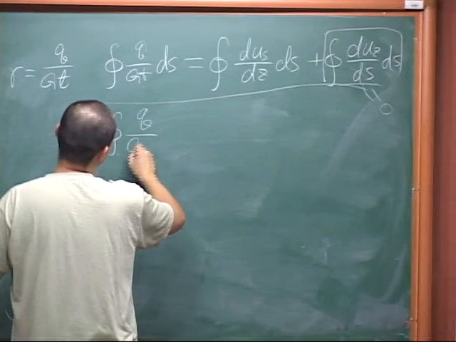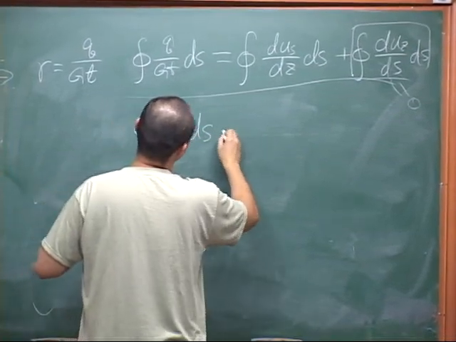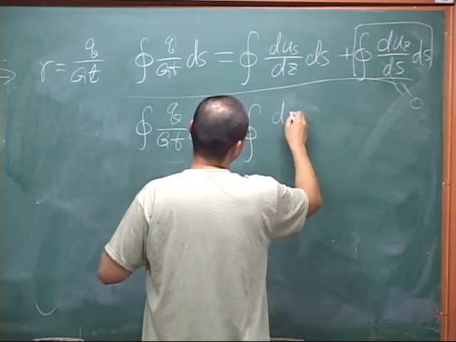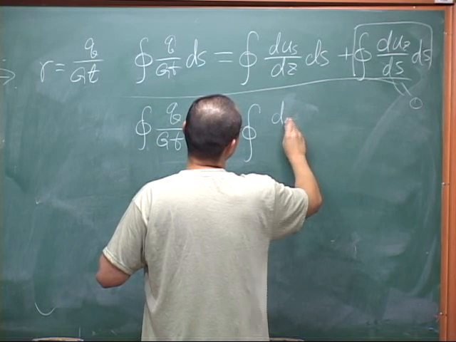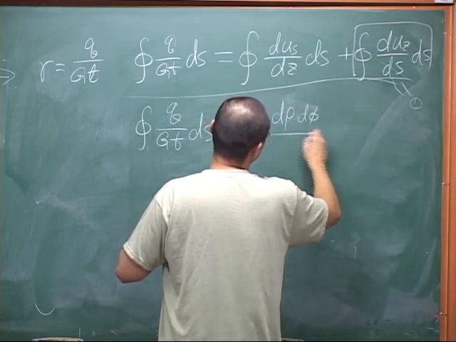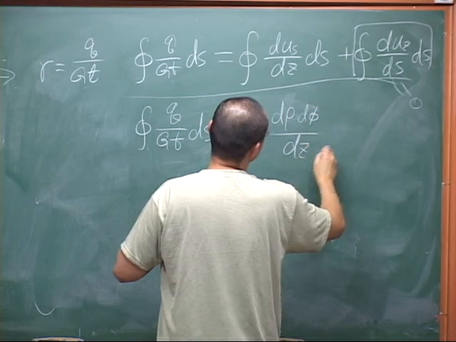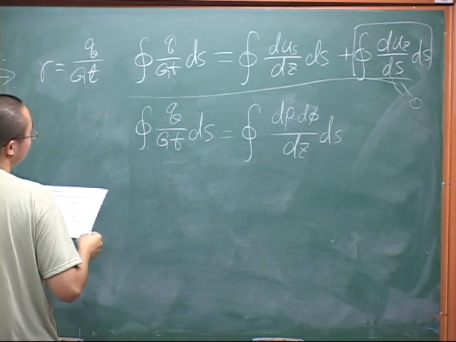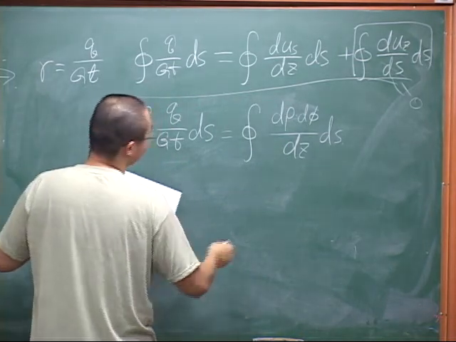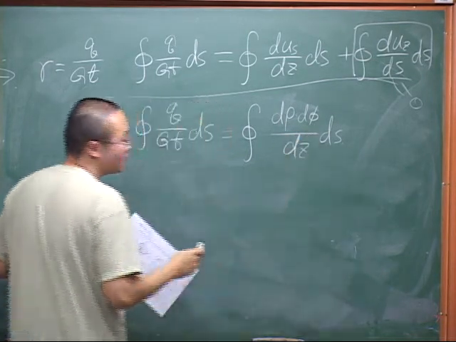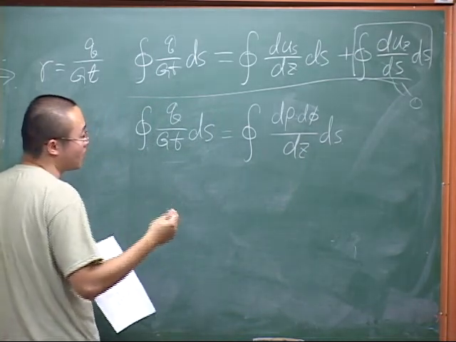So here we can have d phi over dz, assuming it's a constant, because for thin water shaft it's always a constant, right?